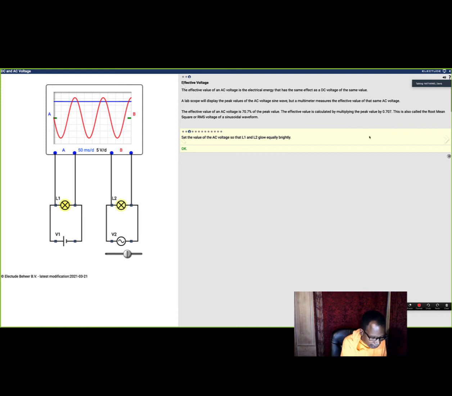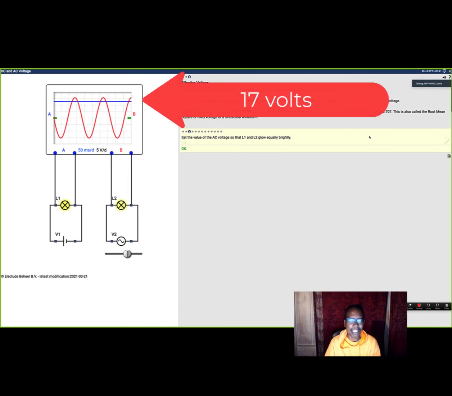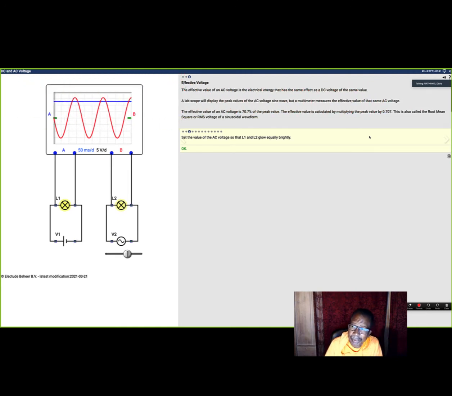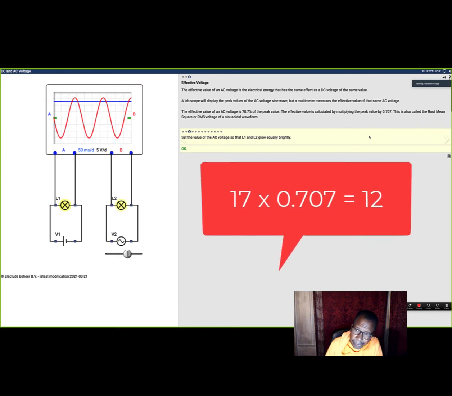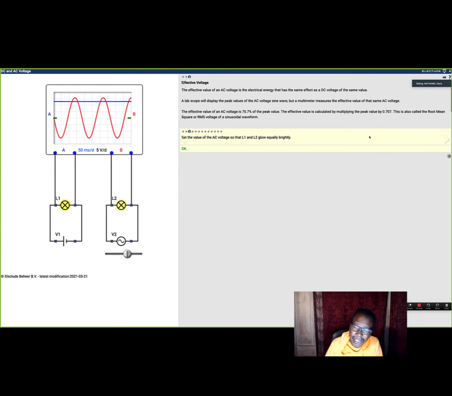Just out of curiosity, 5, 10, 15, like 16 or 17 I would say. Let's call it 17 times 0.707. Yeah, I got 12. That's 12 volts right there. I put 17 times 0.707 and it gave me 12. So 12 and 12, that's why it's equal.